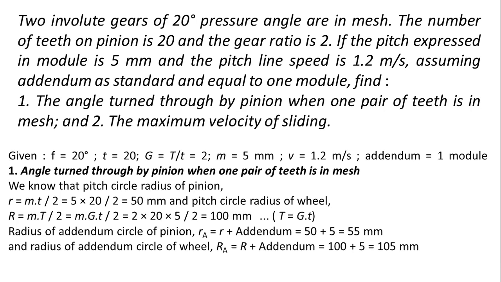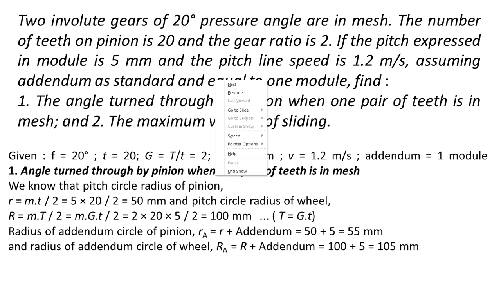So the pitch circle radius of the pinion, first I can calculate it by small r, that is mt by 2, and you get the value of 50 mm. The pitch circle radius of the wheel, capital R, can be calculated by mt by 2.